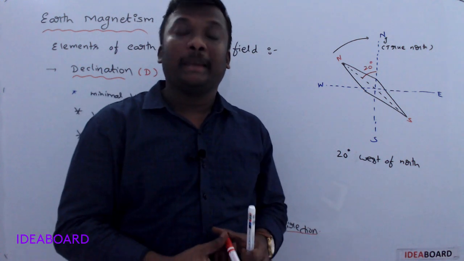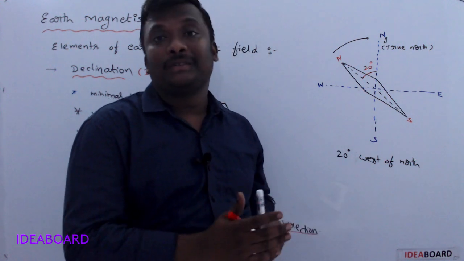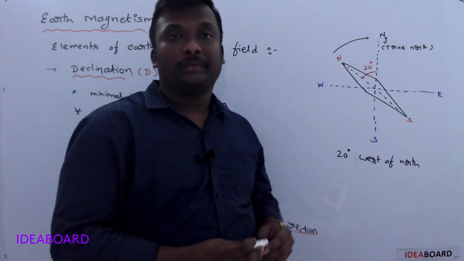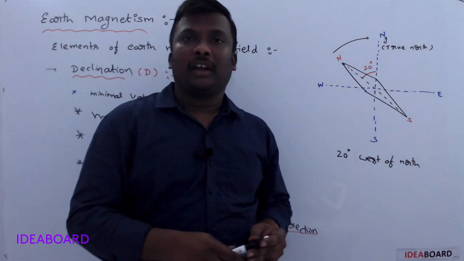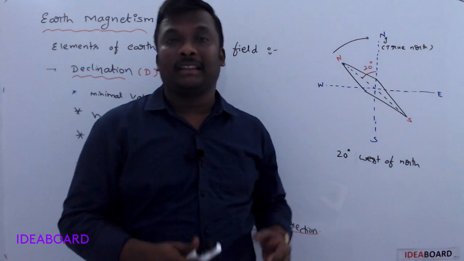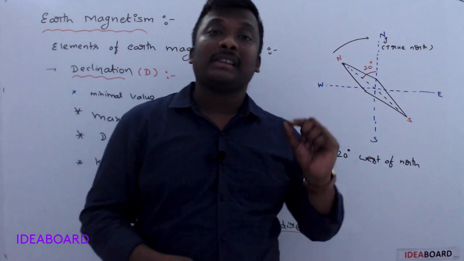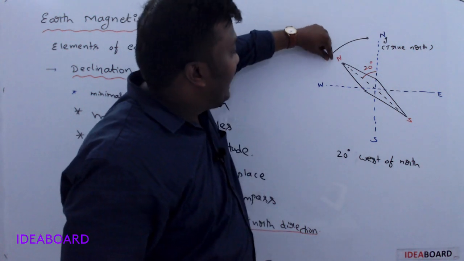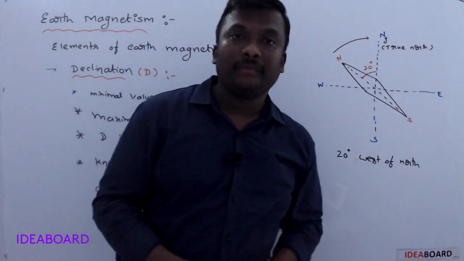In ships and planes, we have the gyroscope, which gives the direction in which the ship or aeroplane is moving. If you go through any airport or landing, you see angles like 20 degrees west of north, 13 degrees south of east. Based on that, we find the true north direction by correcting the compass needle if we know the declination angle. Clear?